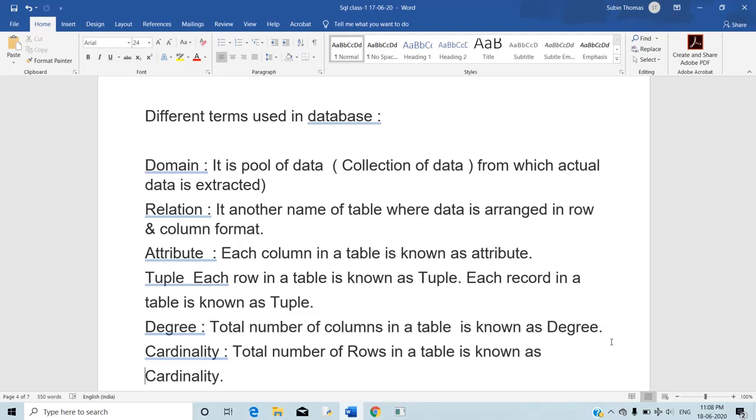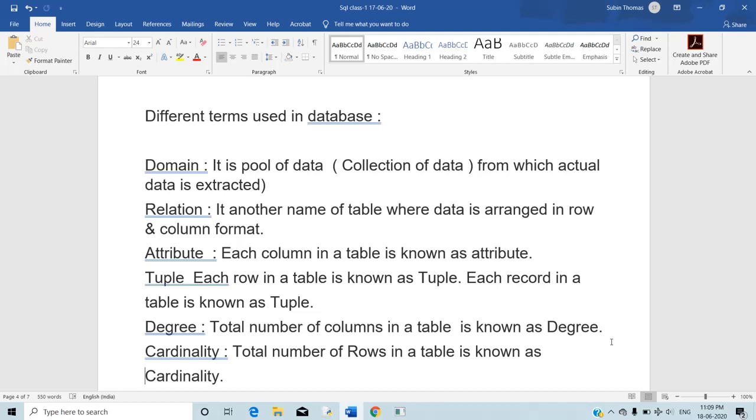Each column in a table is known as an attribute. Next one is tuple. Tuple means each row in a table. We studied that a table is a collection of rows and columns where data is arranged in the form of rows and columns. So each row in a table, or each record in a table, is known as a tuple.